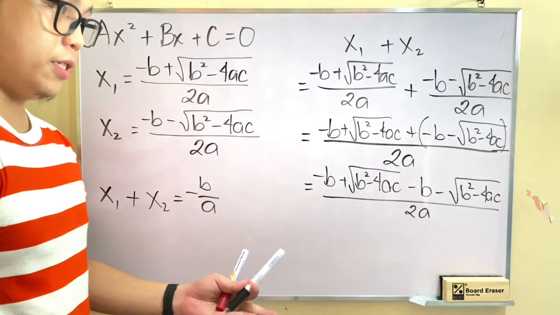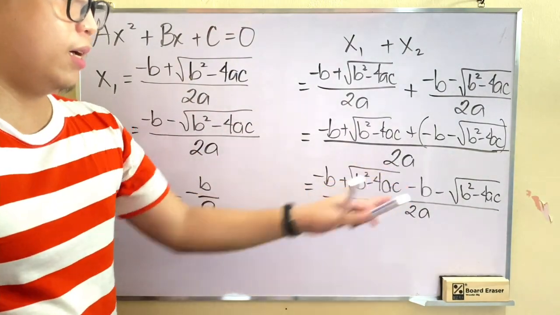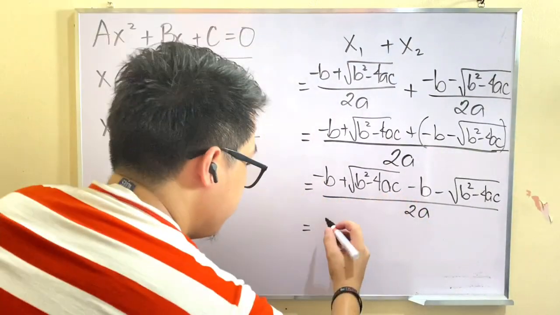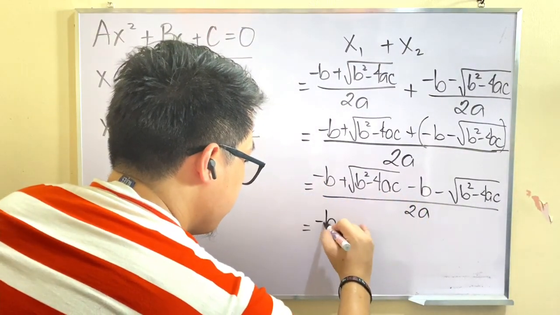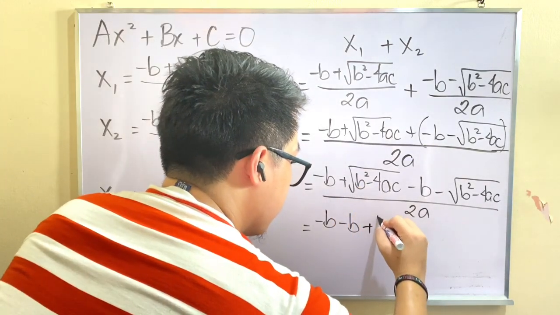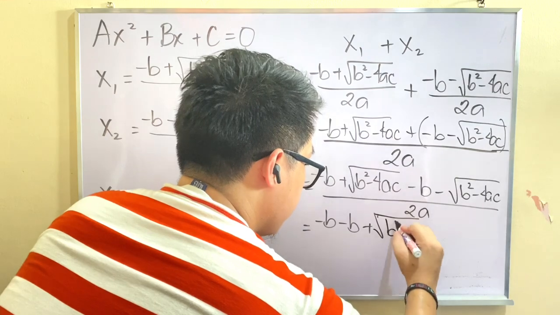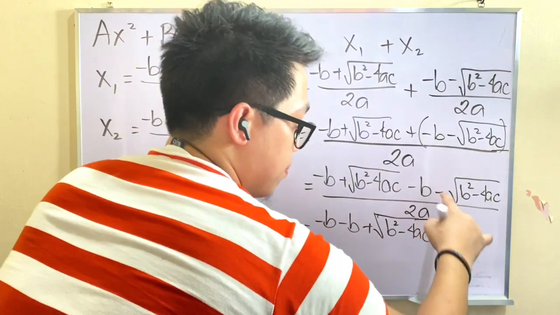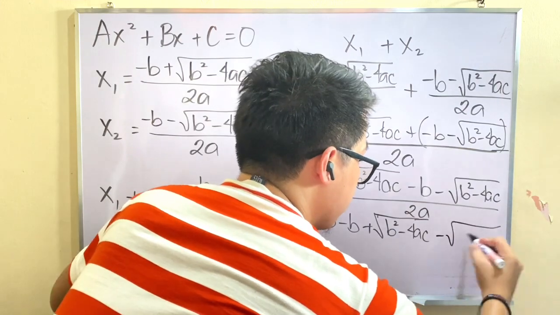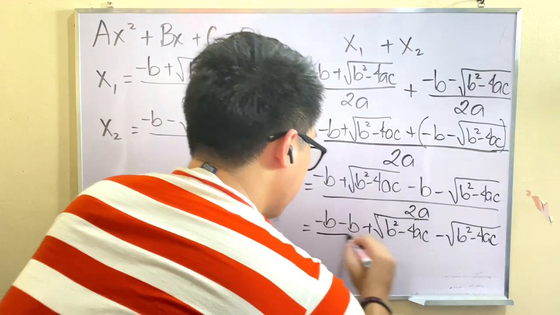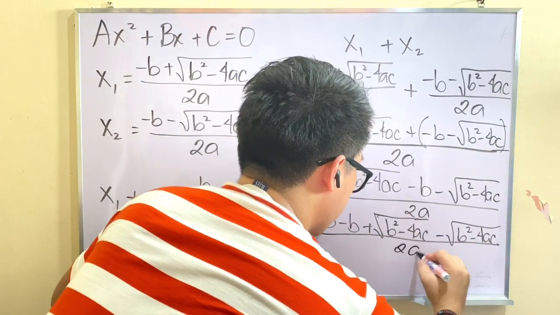So, syempre, pagsasamahin natin yung magkaparehas. So, negative b minus b. Then, positive square root of b squared minus 4ac minus square root of b squared minus 4ac divided by 2a.